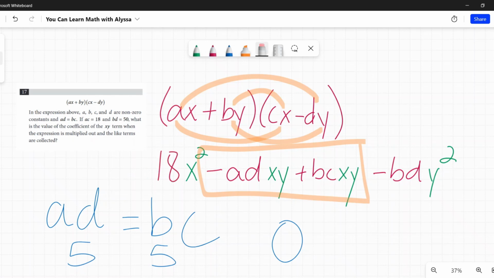And if BD is 50, they tell us that, so that means that is 50. Yeah, it makes it look a little prettier, but it doesn't change anything because all they want is the value of the coefficient of the xy term in the middle. And no matter what you do, these two are going to cancel out because AD is BC. So the coefficient on that term is 0.